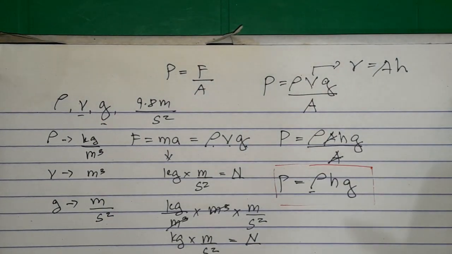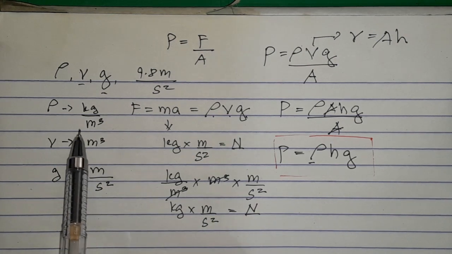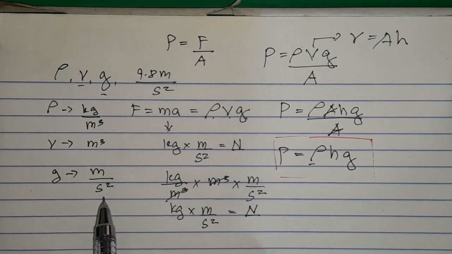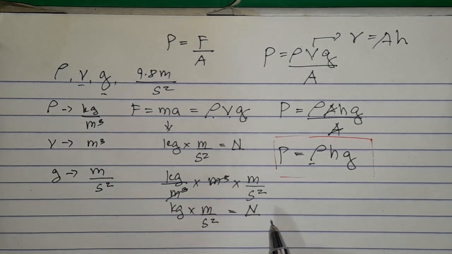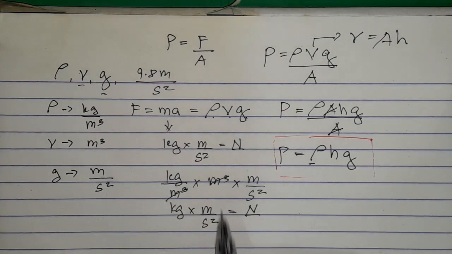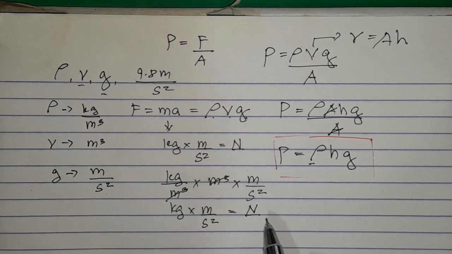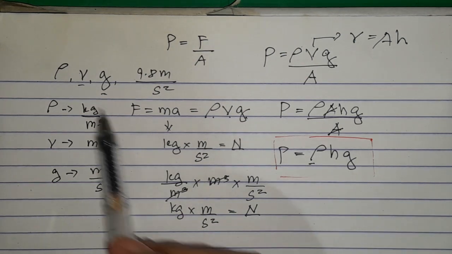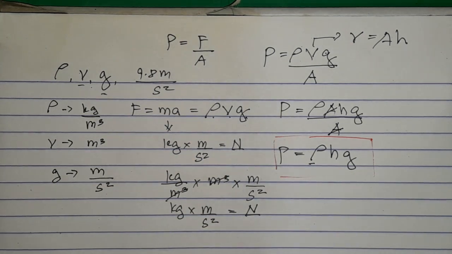Okay, so as a review, we just evaluated the units of density, the volume, and the gravity. If we multiply the three, we arrive at Newton, the same as force equals mass times acceleration. Since it arrives at Newton by evaluating the units, we can use these three to determine the pressure of the particular fluid.